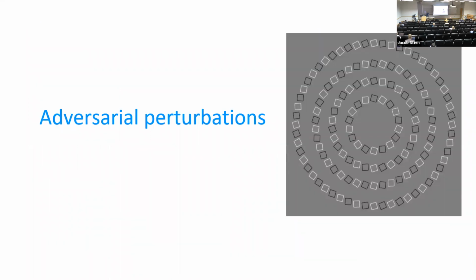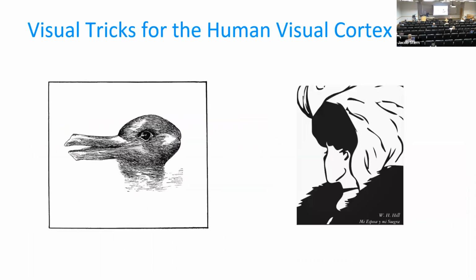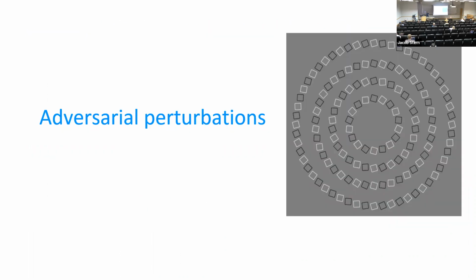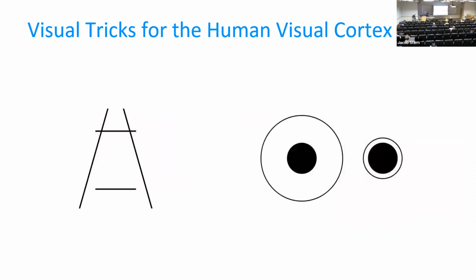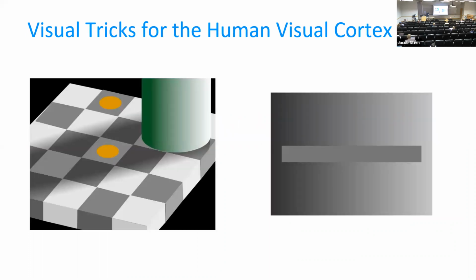So adversarial perturbations exist for humans. You can think of all kinds of, many of these you might have seen before, all sorts of optical illusions. Which line is longer here? Which circle is bigger on the right? What color is this middle bar in that image?